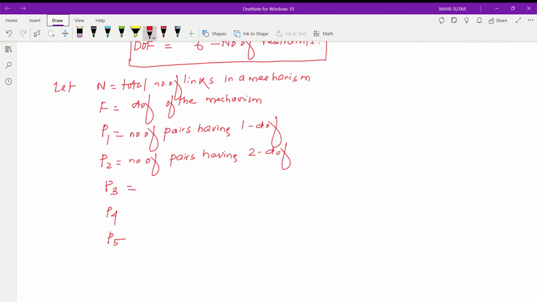So it is having 3 degrees of freedom, 4 degrees of freedom, 5 degrees of freedom. We cannot say P6, because a pair having 6 degrees of freedom is practically not possible. These are basically the joints.